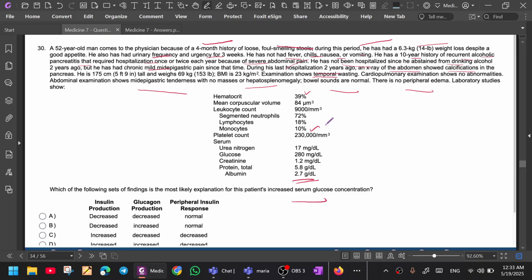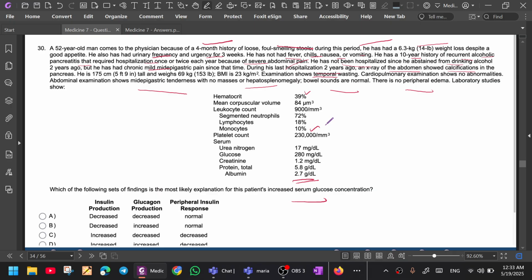Yes, necrolytic migratory something. It doesn't look like glucagonoma. It looks like some kind of cancer, because he's losing weight. I mean, BMI is fine, but he has temporal wasting and a bunch of pancreatitis, and maybe I'm wrong.